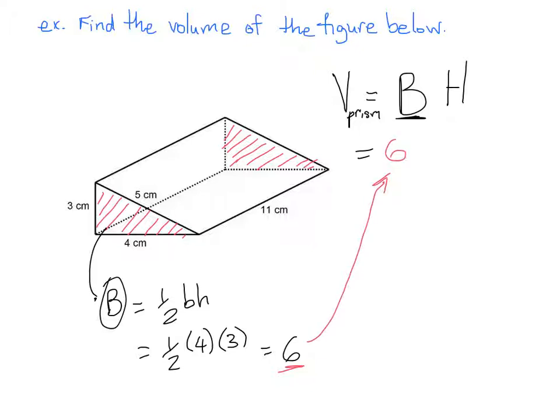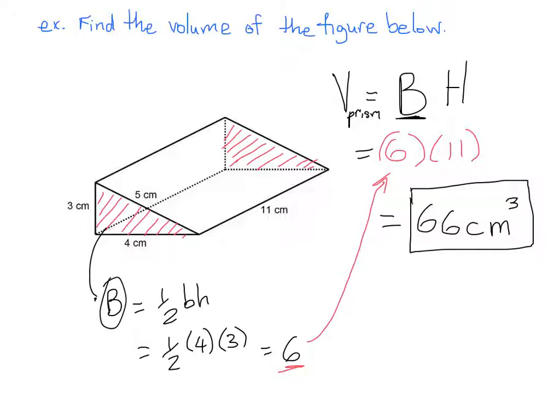And we're multiplying by the height, not the height of the triangle, but the height of the figure, which is 11. So then our volume is 66 cubic units, or in this case, we're dealing with centimeters, so centimeters cubed. And that's how you find the volume of a prism.